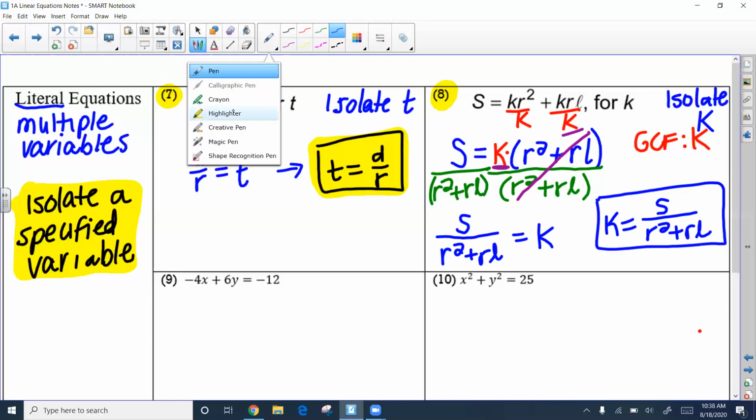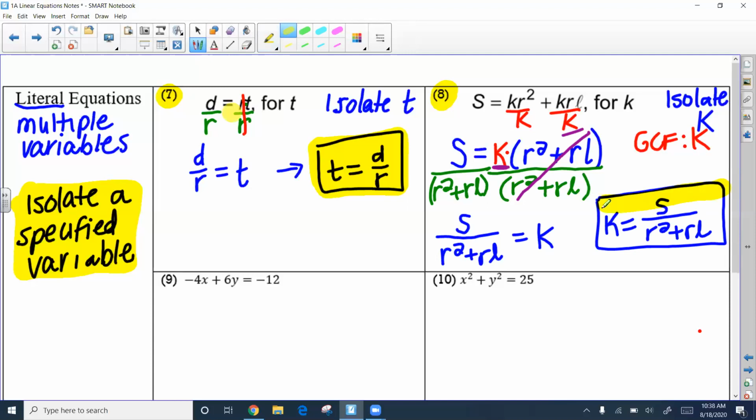Now, one thing I do want you to notice about the way I wrote this, when I write it with a fraction bar, with a separate numerator and denominator, I didn't really need to write the parentheses around the R squared plus RL, because the way it's written, it is clear how it's already grouped.